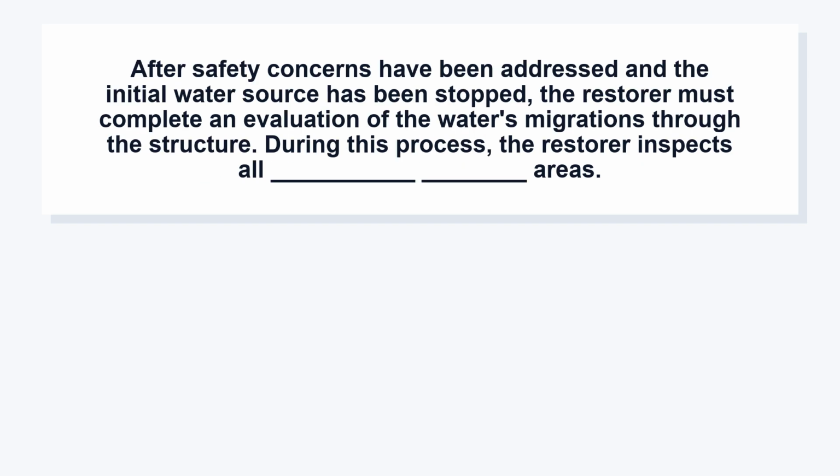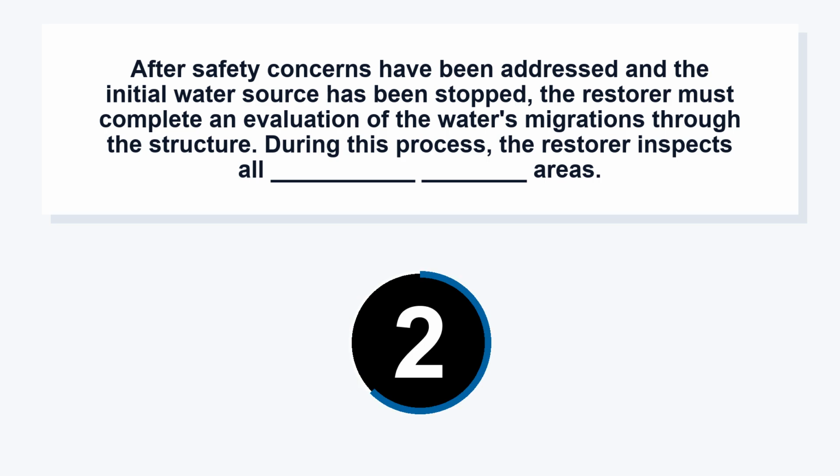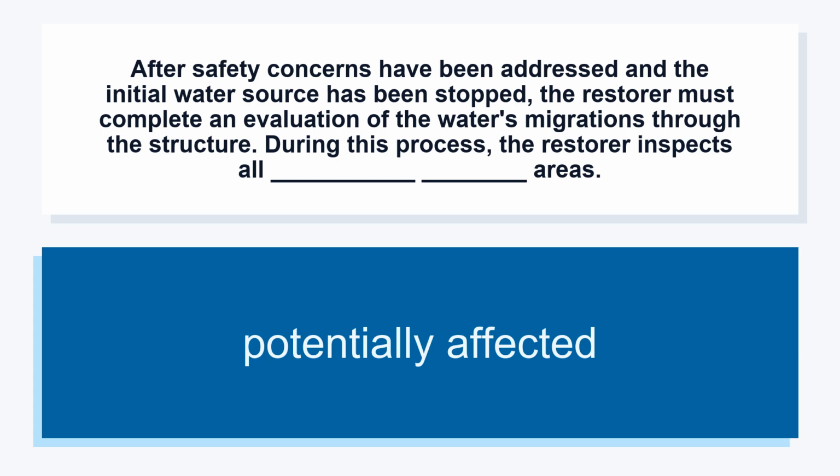After safety concerns have been addressed and the initial water source has been stopped, the restorer must complete an evaluation of the water's migrations through the structure. During this process, the restorer inspects all areas potentially affected.